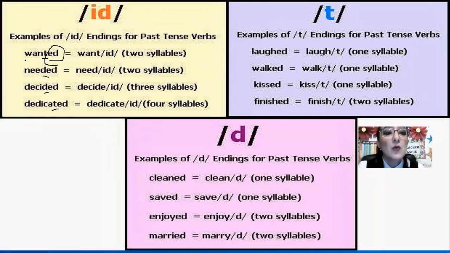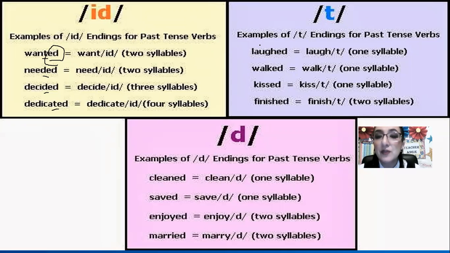For example: wanted, needed, decided, dedicated. Faster: wanted, needed, decided, dedicated. There is one extra syllable, with the it sound.